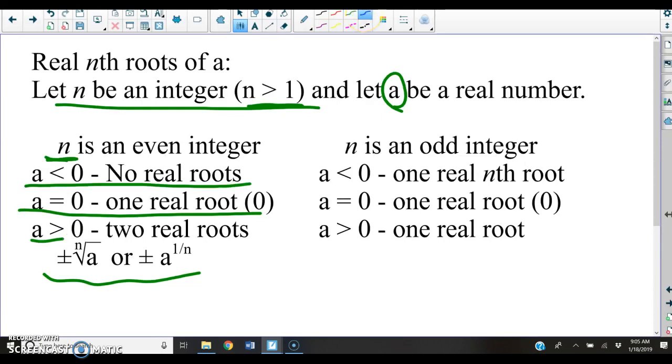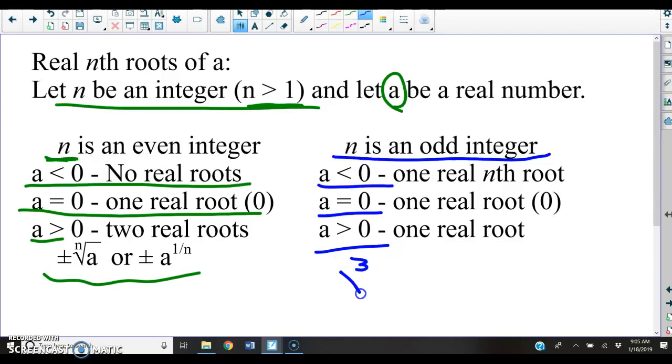For odd indexes, 3, 5, 7, we'll mostly do square roots and cube roots, but we have to look at the others. Negatives have a root just like 0 does, just like positive does.